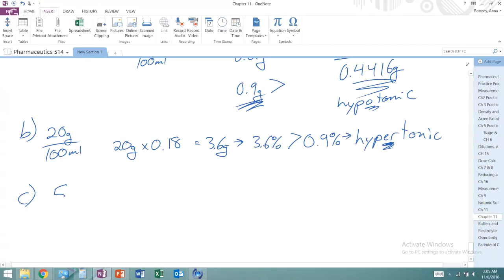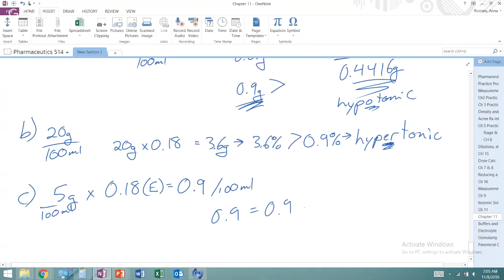So 5 grams is the same as 5%, and then its E value is 0.18. So it's 0.9 for every 100 ml. See, because this is for every 100 ml. So 0.9 is equal to 0.9. So it is isotonic.